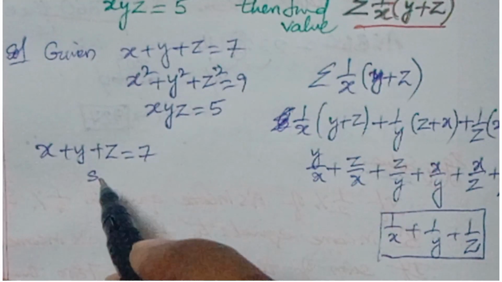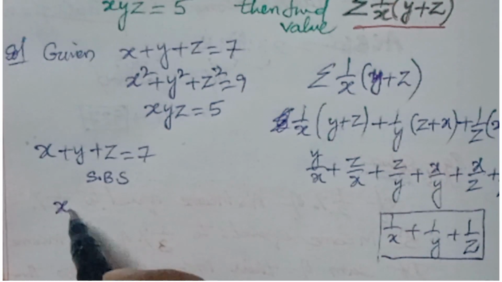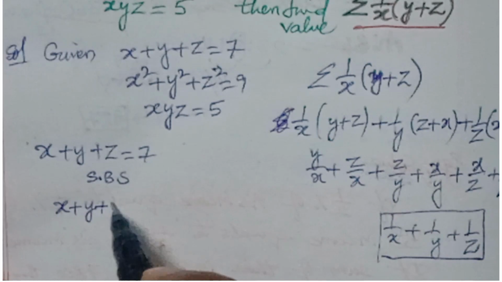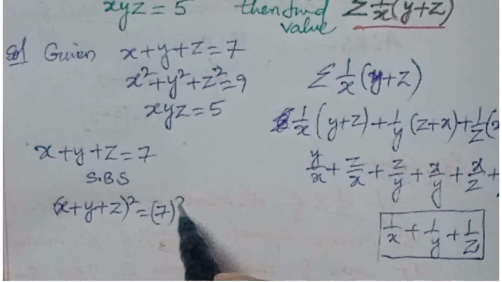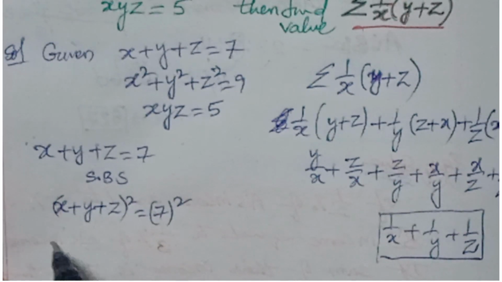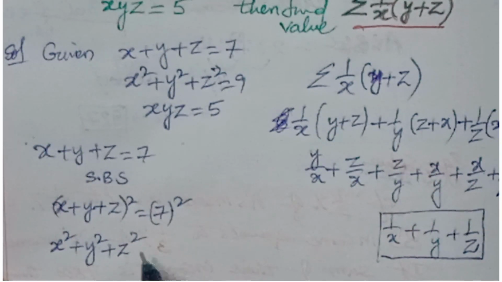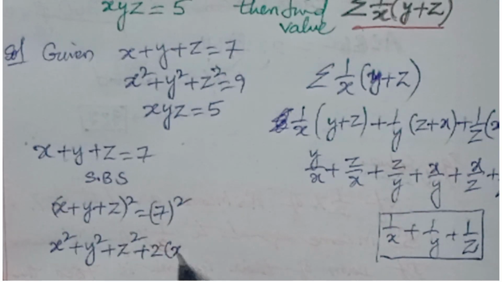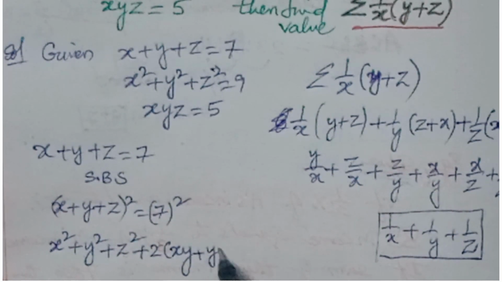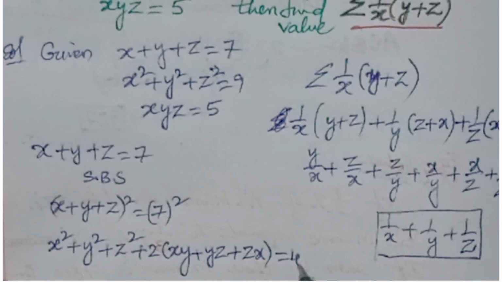First we'll do squaring on both sides. So x plus y plus z whole square is equal to 7 square. By the a plus b plus c whole square formula, we get x square plus y square plus z square plus 2 of xy plus yz plus zx is equal to 49.